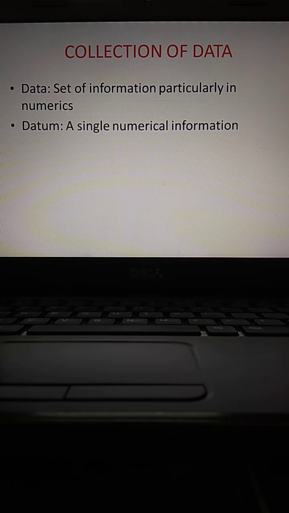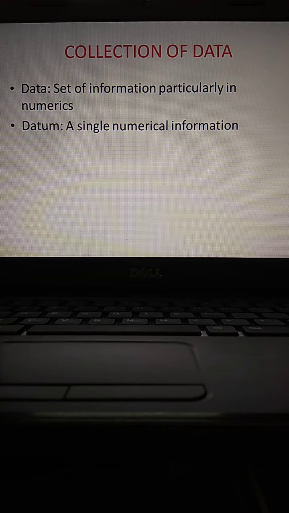Today we go for discussing collection of data. Before that, we came to know what we mean by scaling methods and what the scaling techniques are.